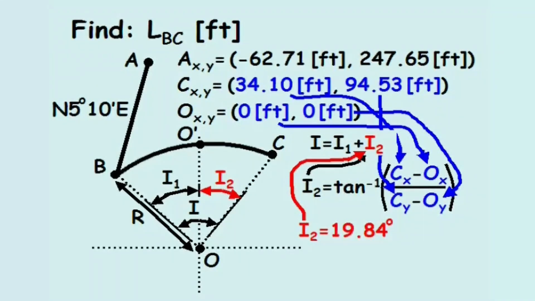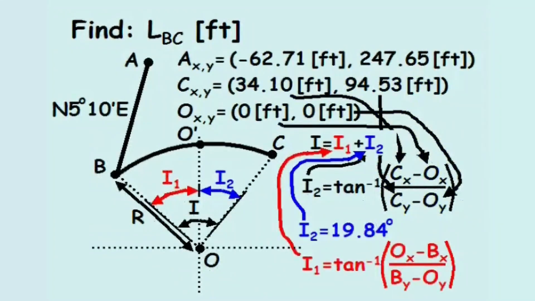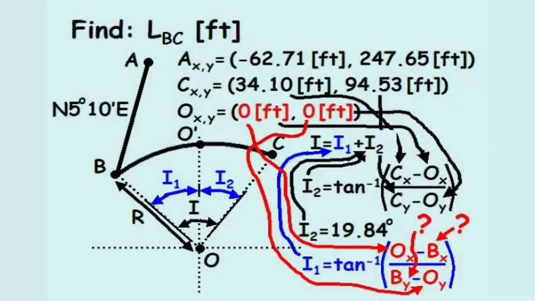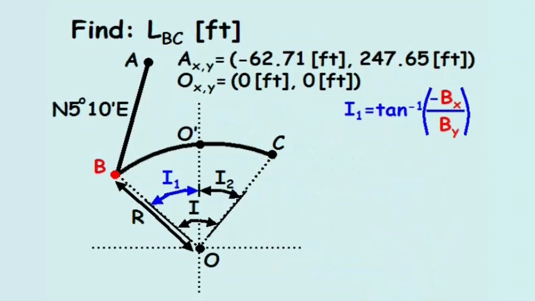Similarly, we can solve for angle I1 using the coordinates of points B and O. We already know the coordinates of point O, but we don't yet know the coordinates of point B. We can determine the coordinates of point B since we know it is a point on the line AB and also a point on the circular curve, BC.